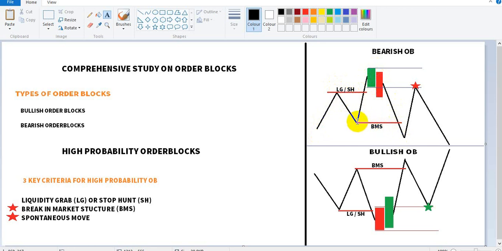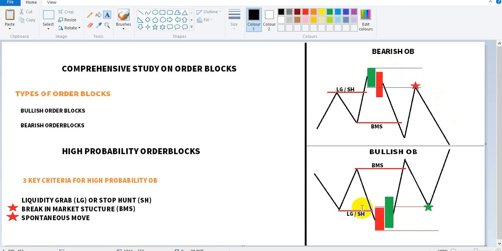This low here was broken here, broke market structure, retested here, the bearish order block, then moved away from there. And this is where we are looking for trade entries. Then stop loss can be placed above the high.